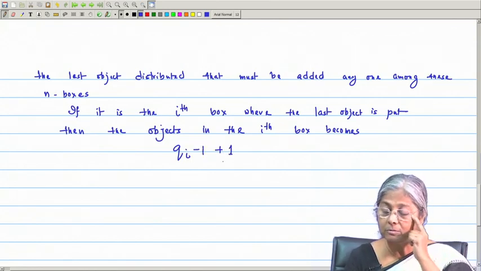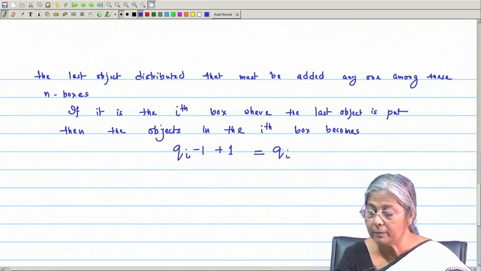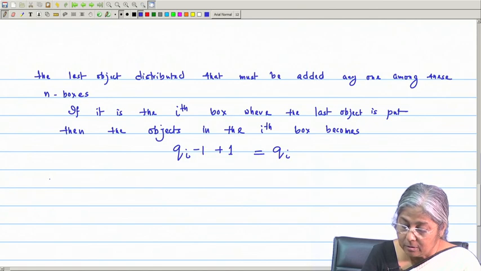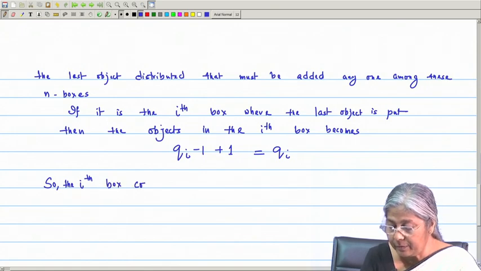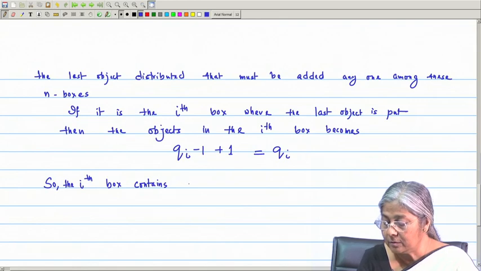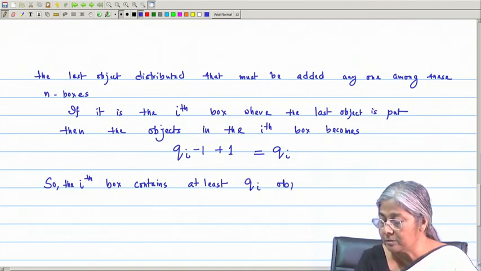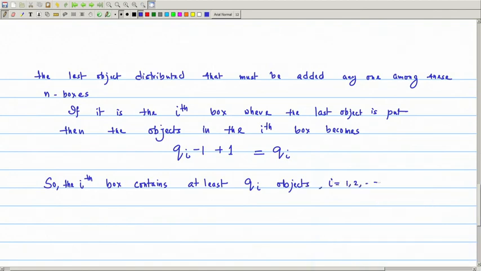So, qi minus 1 plus 1, and that is equal to qi. So, the ith box contains at least qi objects, where i is 1 to n.